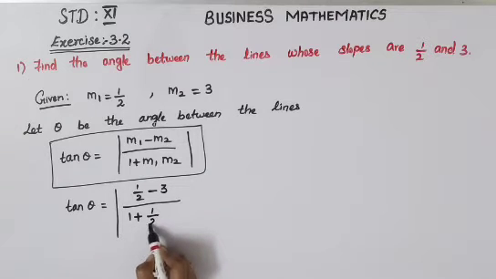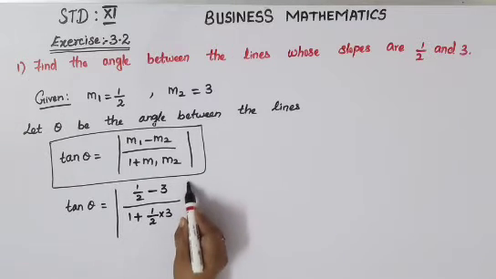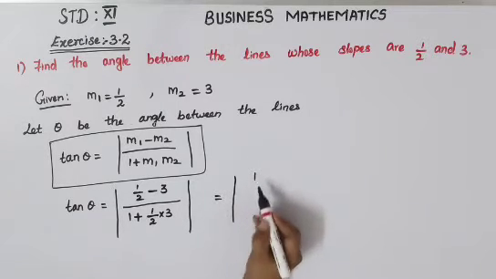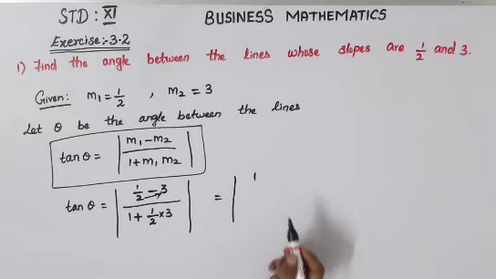So 1 by 2 into 3, which is equal to modulus of 1, this you will have to take LCM, otherwise cross multiplying.